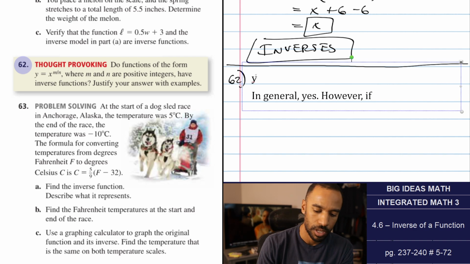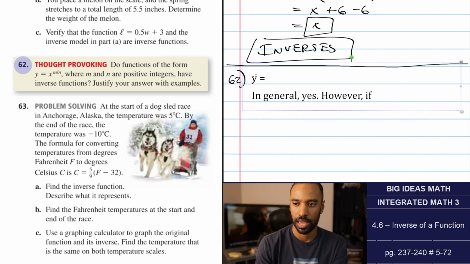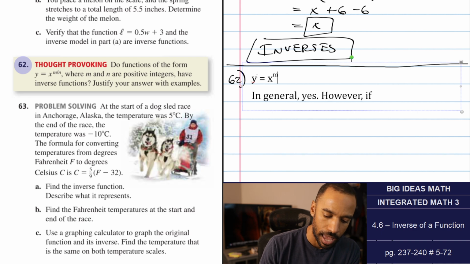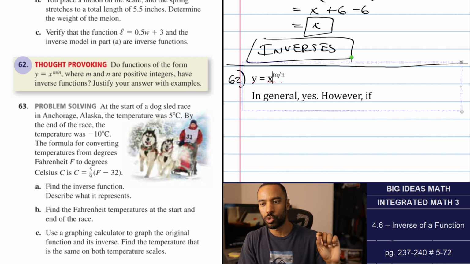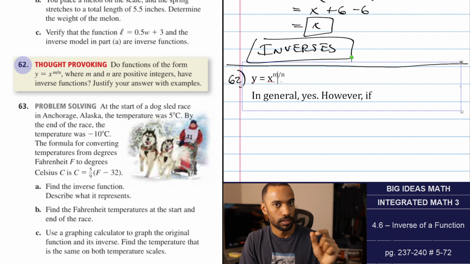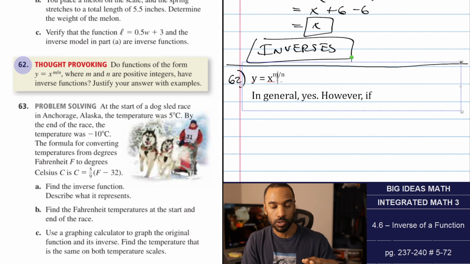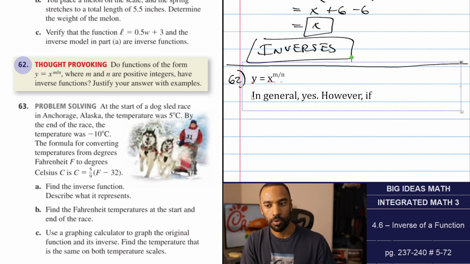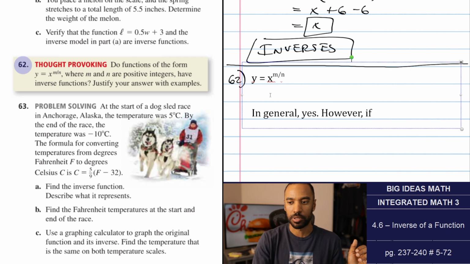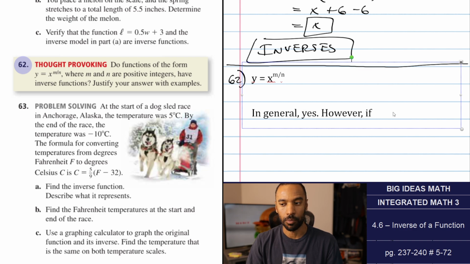y equals x to the m over n. Now, the problem is if we're raising to an even power, if m is even and n is odd, so it doesn't reduce itself. That's where you're going to be taking a square root of something, and that one won't have an inverse.